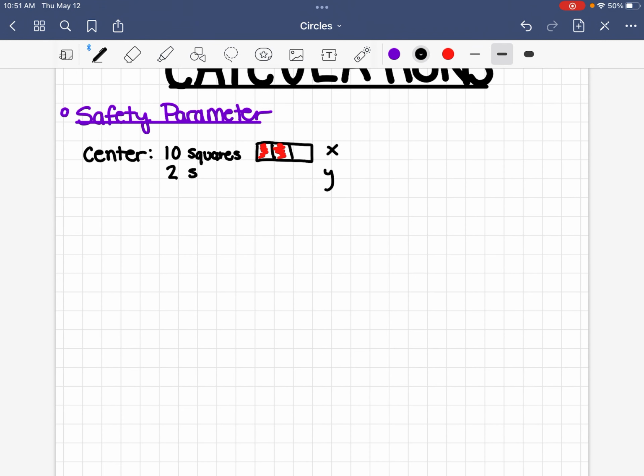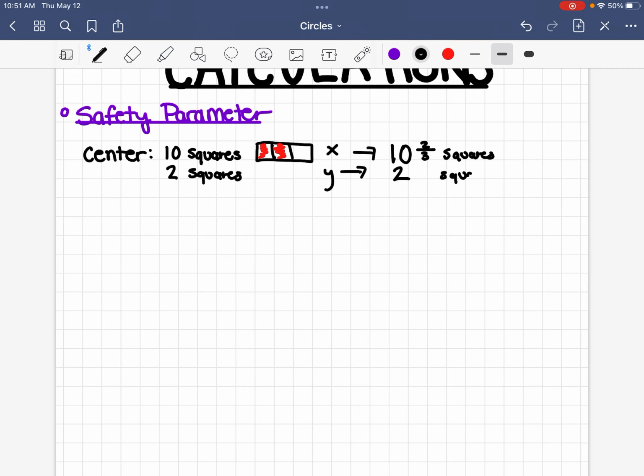So 2 squares. Now I'm going to clean this one up. So this is 10, and since I have 2 out of the 3 squares filled in, it is 10 and 2/3 squares, okay? For my y, I have no fractions, luckily, so this is just 2 squares, okay?